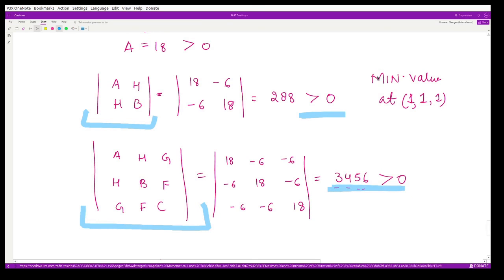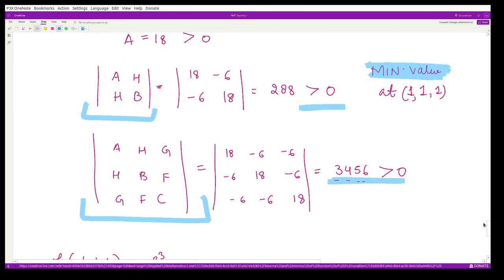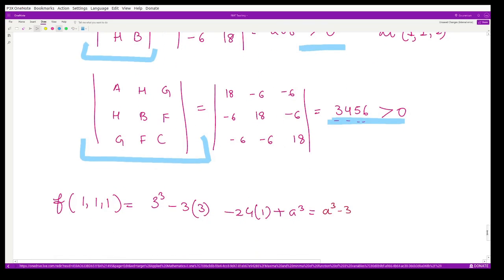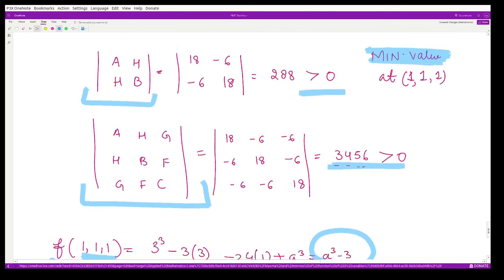So that means you will obtain a minimum at the point 1, 1, 1. So this is what we were intended to prove. And what is that minimum value? So the minimum value is again the value a cube minus 3. So this is your minimum value when you substitute the point 1, 1, 1 in the given function.